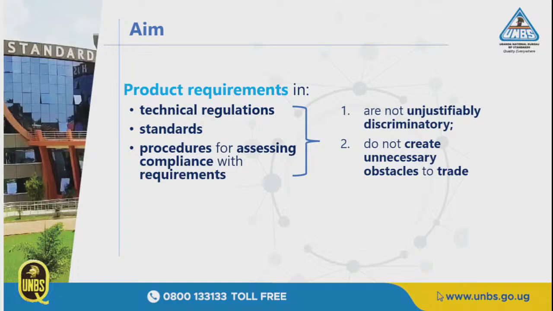So all WTO members have the right to regulate industrial products and agricultural products, and also to put in place frameworks to assess compliance of products with such regulations and standards.